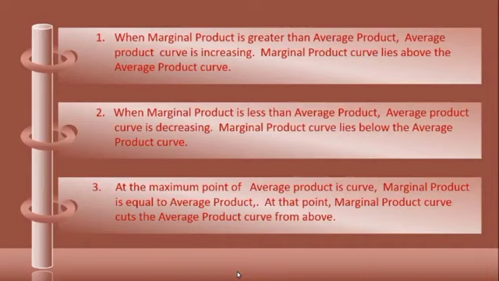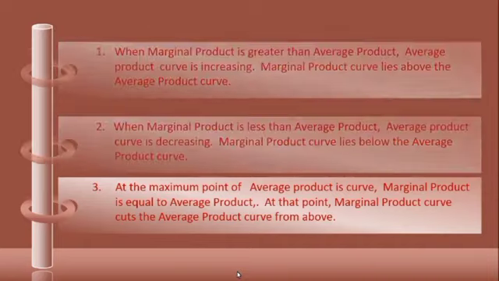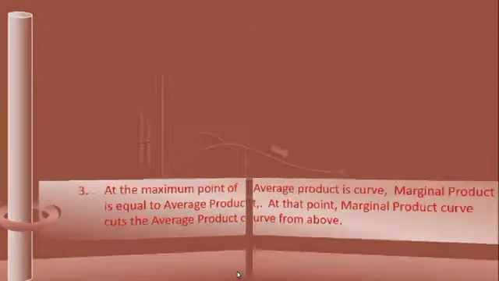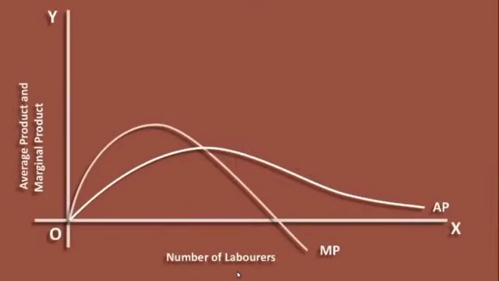At the third point, when the average product curve is maximized, the marginal product is equal to the average product. At point 7 on the x-axis, here the marginal product and the average product meet at point 6 of the graph.